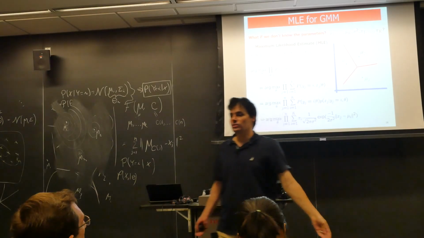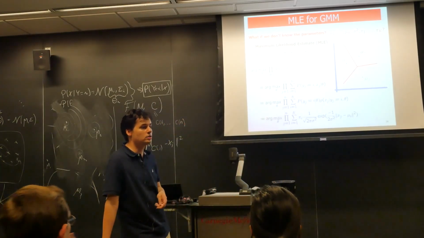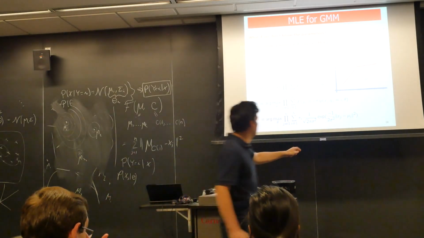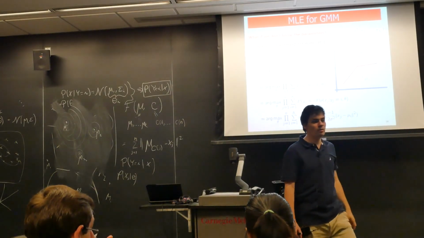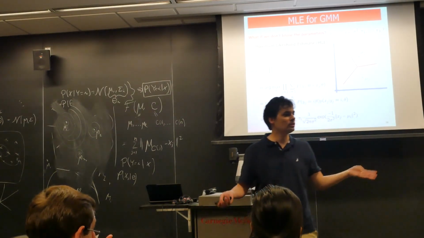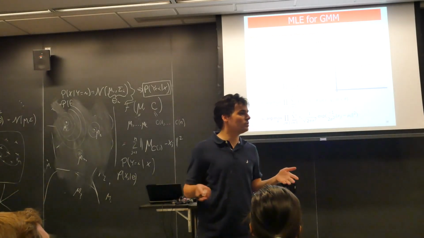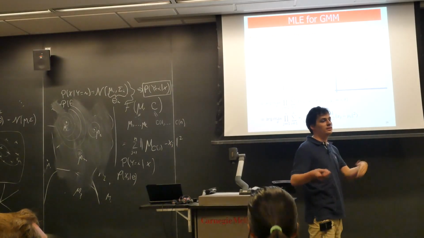But after that, what to do? We have this log likelihood function, and we want to maximize it in pi i, sigma, and mu i. How would you do that? You have an objective function that you need to maximize in these parameters. And we have some other constraints as well: for example, the sum of pi i's should be 1, and they are non-negative.